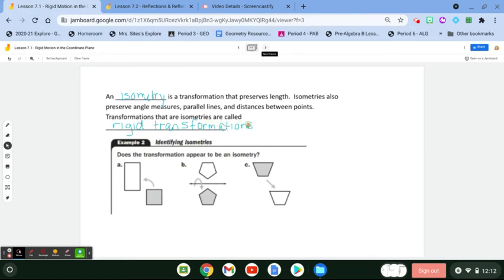So if you have something that's considered to be rigid, you can't bend it, you can't break it, you can't stretch it. So that means that the type of transformations that we're going to be limited to would be our reflections, our rotations, and our translations, our slides.